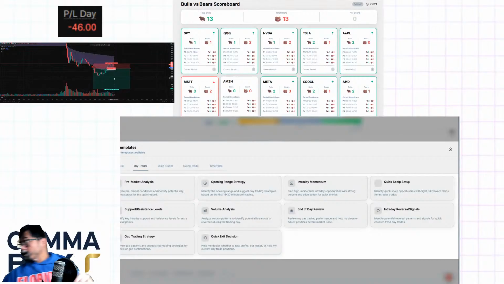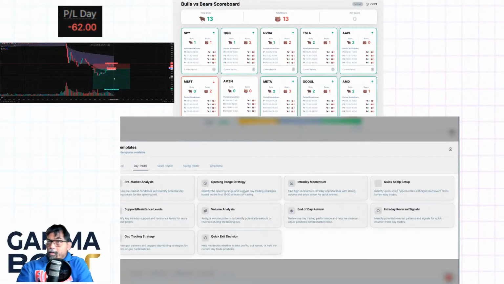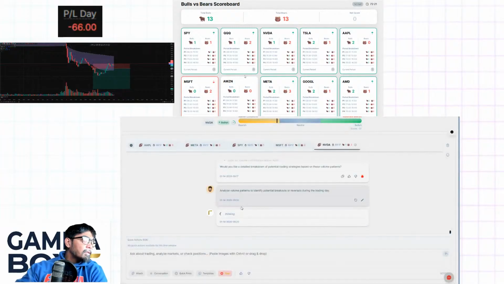Yeah, this one's holding a lot longer than I was hoping for, but I still have 2 contracts that I'm kind of waiting on this VWAP bounce. SMA is already starting to cross over from what it looks like. Volume is here. Let's do volume analysis.